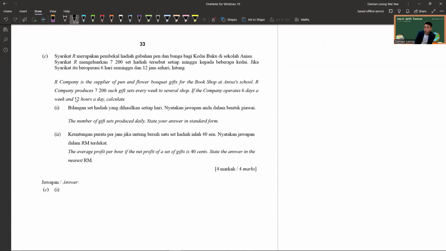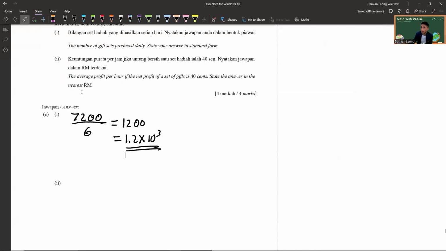So 7,200 is for a week. So I divide by 6 days. Means 1,200, which I put in standard form, would be 1.2 times 10 to the power of 3. Yeah, just like that. That's for the first one.